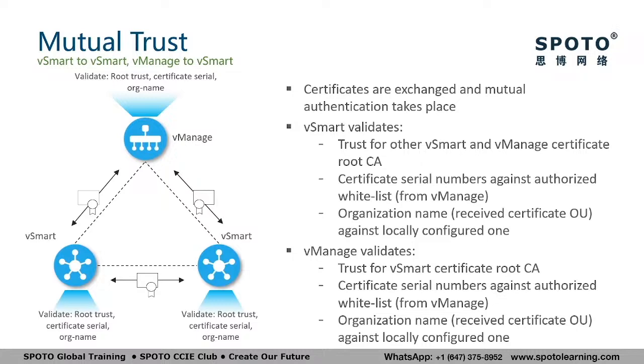The second part is vManage validating the trust for vSmart certificate root CA. Also to validate the certificate serial numbers against the authorized whitelist from vManage and the organization name that received certificate OU against the locally configured one.